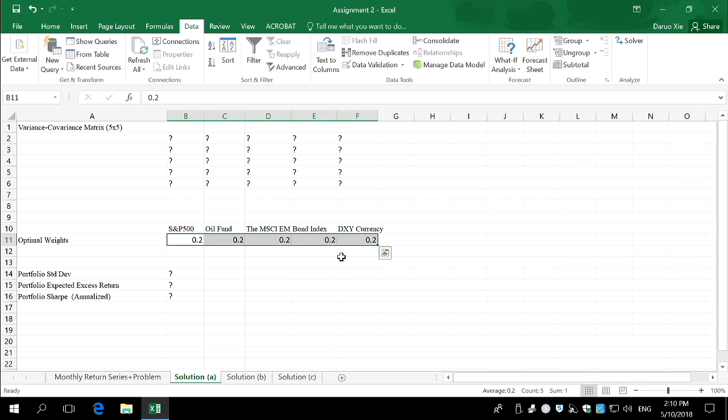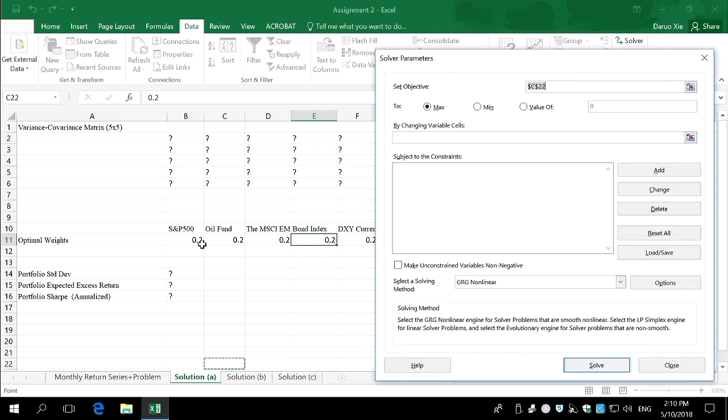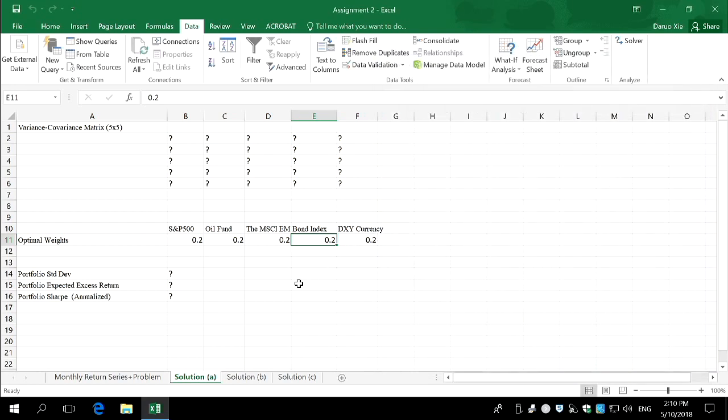This is just initial. It's not a solution. But Solver will start from these initial weights, do the calculation in the background, and eventually figure out the optimal weights. So this is how you typically do it.